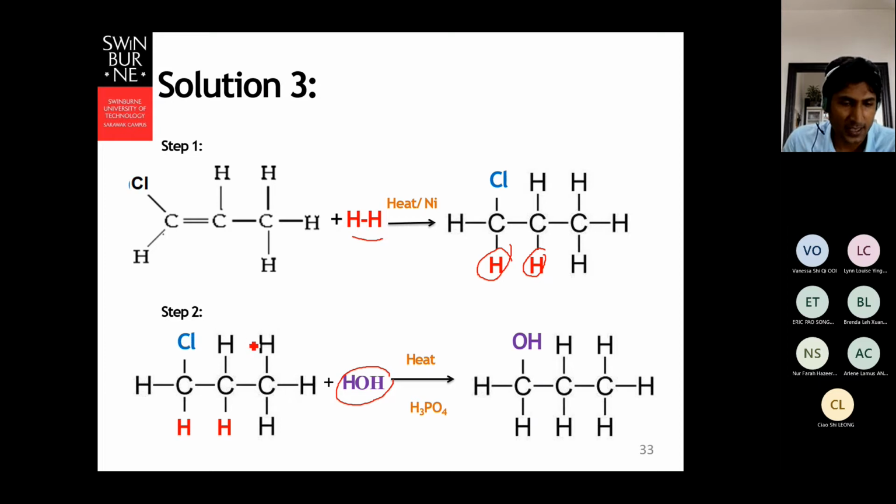And in the second step, we add water vapor in the presence of heat, so that this chlorine is replaced by the hydroxyl ion, and then it produces the desired product.